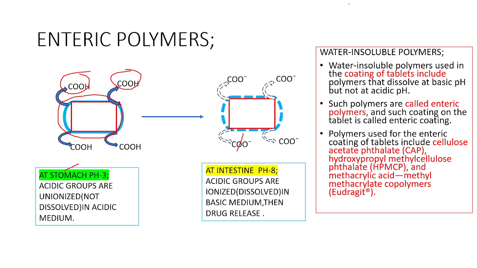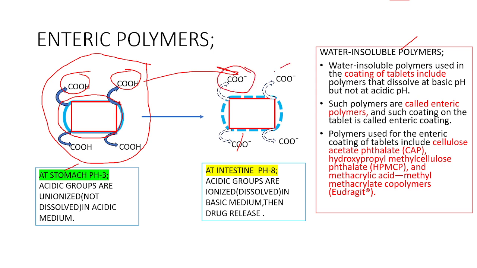If we give this tablet into the stomach, what will happen? In the stomach, the acidic groups are not ionized at all. When it enters the intestine region, these acidic groups get ionized. Then slowly the polymers will dissolve.